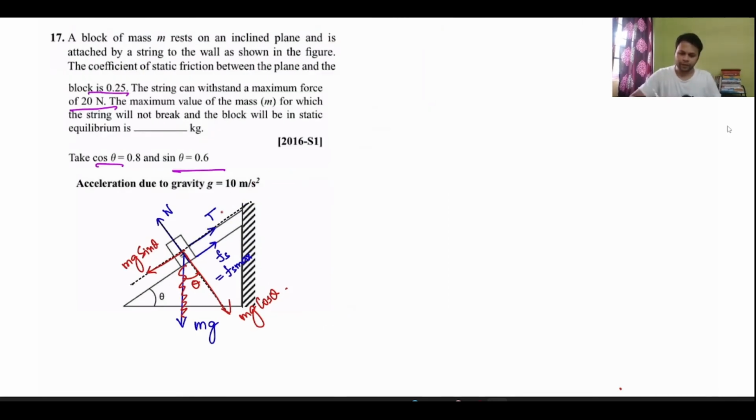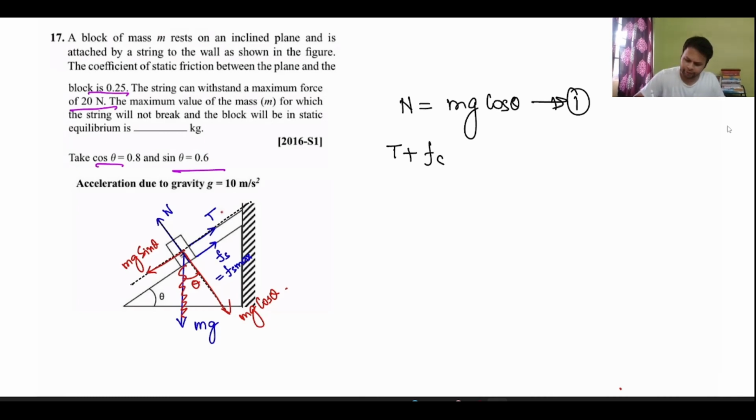Now, if I write the equations, try to balance the forces, N is equal to mg cos theta. Let me say this is equation number 1, right? What else? I can say tension T plus Fs max is equal to mg sine theta, right?